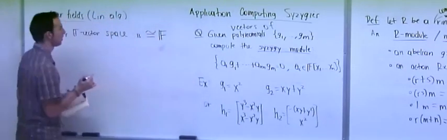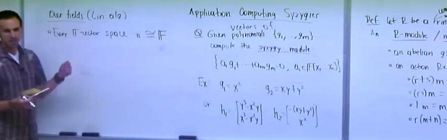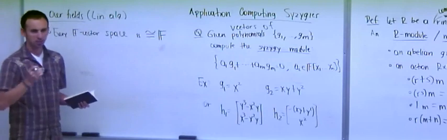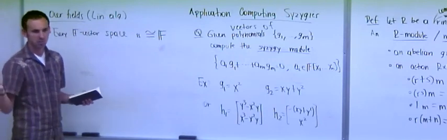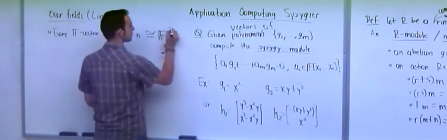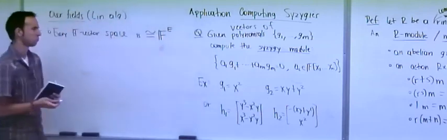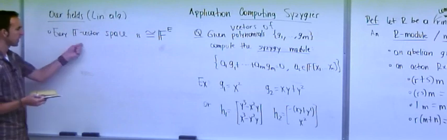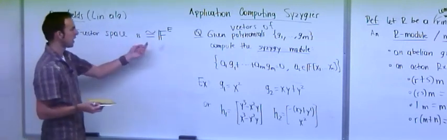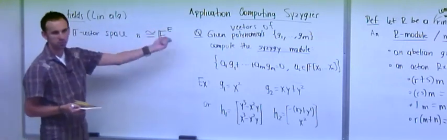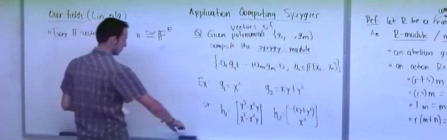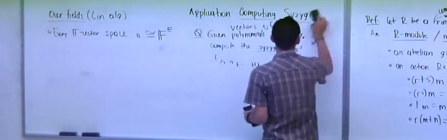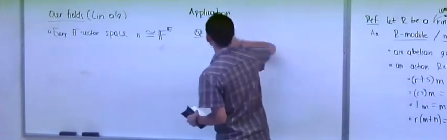And if you know what dimension your vector space has, then you just consider a set of that size, make that a basis, and that's going to be your vector space. Okay? Every single vector space is isomorphic to F to the E for some set E. So vector spaces are very simple objects, actually. You just need to know their size.